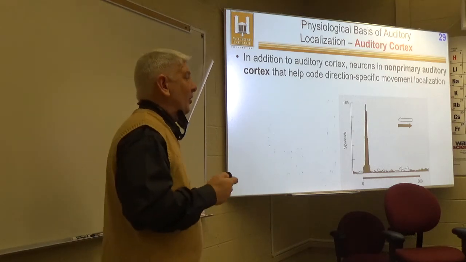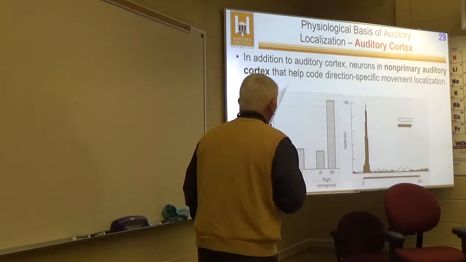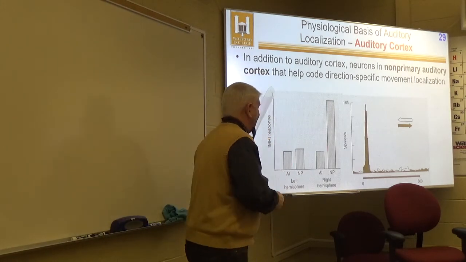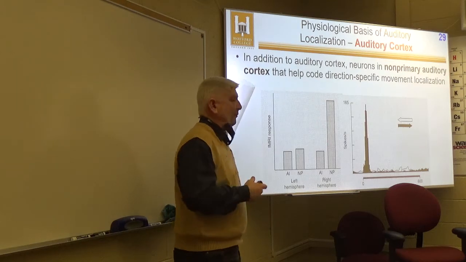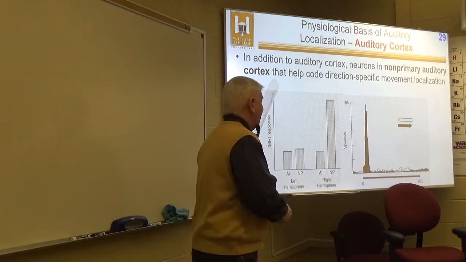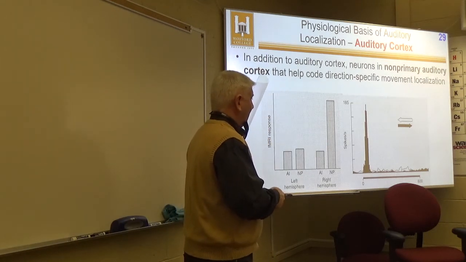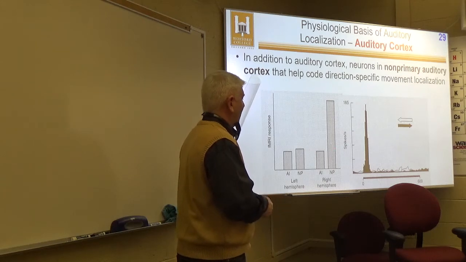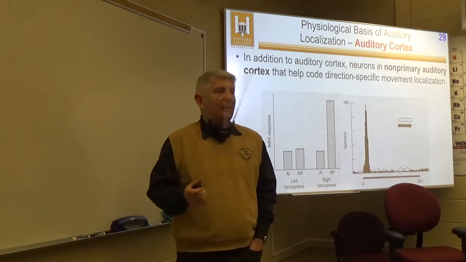So we have movement-specific neurons that we find particularly in the non-primary or secondary cortex. The NP means non-primary. That would be our auditory cortex of the right hemisphere.